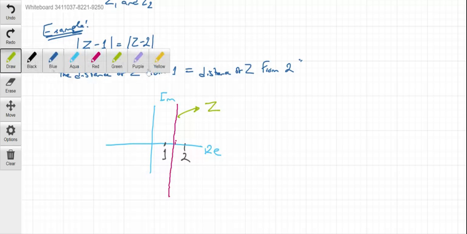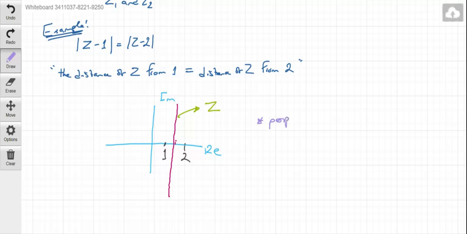And by now, you should also be getting the feeling that this right here is an example of what we call the perpendicular bisector. In this specific situation, we had to draw the perpendicular bisector of the line joining our two known complex numbers 1 and 2.